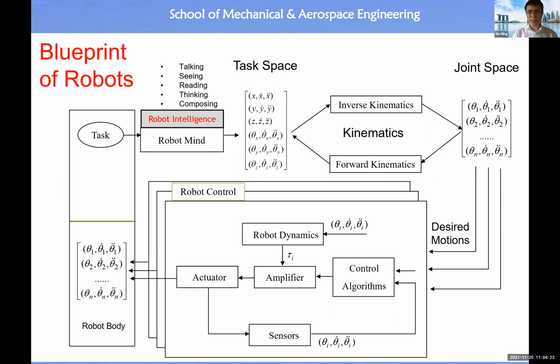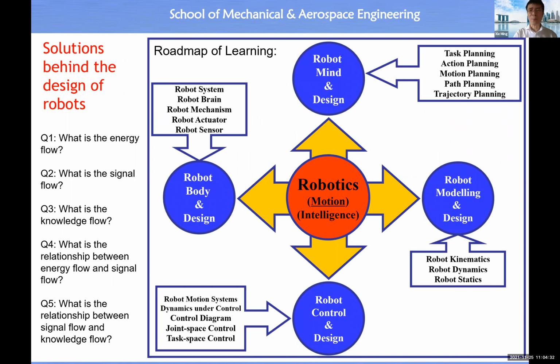The knowledge behind this blueprint includes all these topics, which have been categorized into 4 modules. By now you have already completed the study of module 1, and the key takeaway from the study of module 1 is for you to be resourceful enough to design robot software.